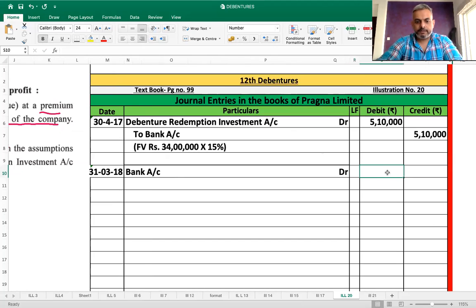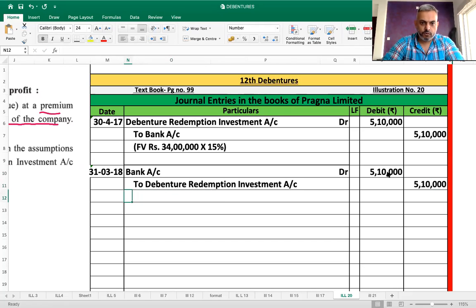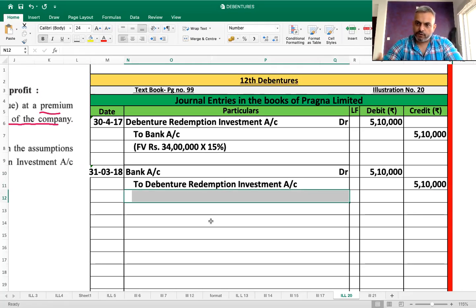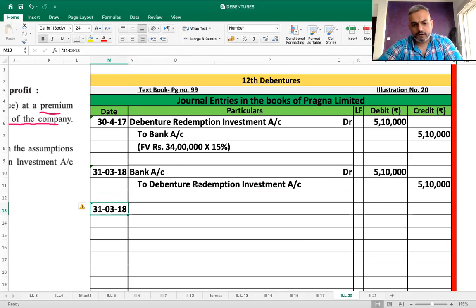So directly I'll write 5,10,000 to debenture redemption investment account. So now we are selling these investments to pay back the debenture holders. This is minimum 15%. You can even invest more.